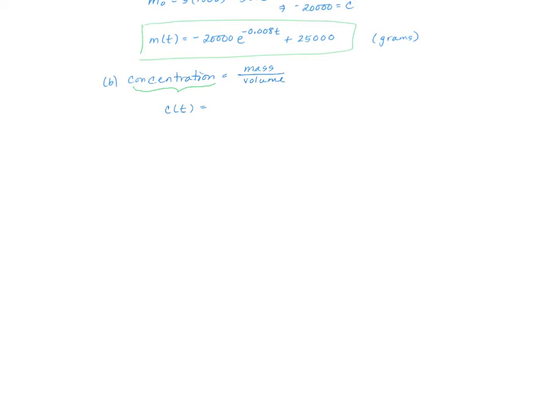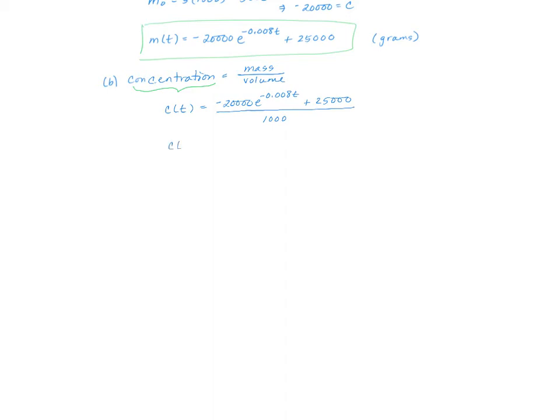I already found my mass function from part A, which was negative 20,000 e to the negative 0.008 t plus 25,000. And now I'm going to take this mass and divide it by the volume. The volume is constant in this particular problem, which is 1,000.